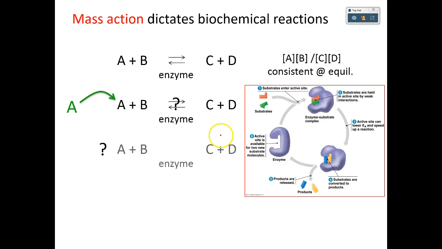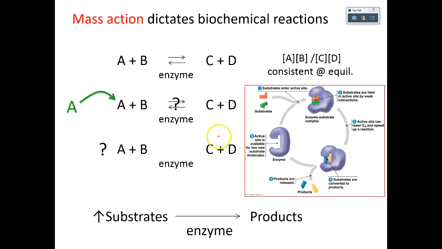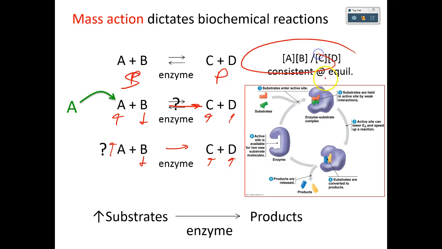And then we can talk about the balance between the substrates on the left and the products on the right, and how if you add more of one thing on one side, you basically have to balance it by shifting everything over. So let's say if we add more of A, you're going to decrease B, and increase C and D to keep this in equilibrium as a constant, right?